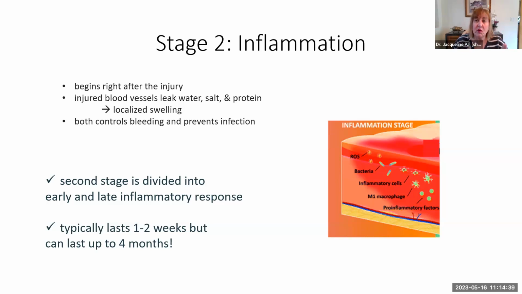So the inflammatory stage of wound healing will typically last 1 to 2 weeks, but because wounds can be various sizes and patients, we take them as they are, and a lot of patients will have other systemic processes going on. This simple stage of inflammation can take 4 months to resolve in a wound.